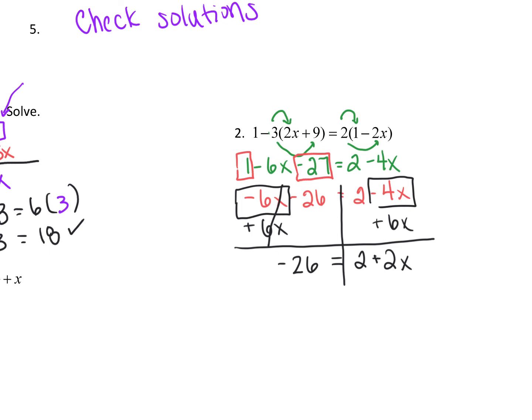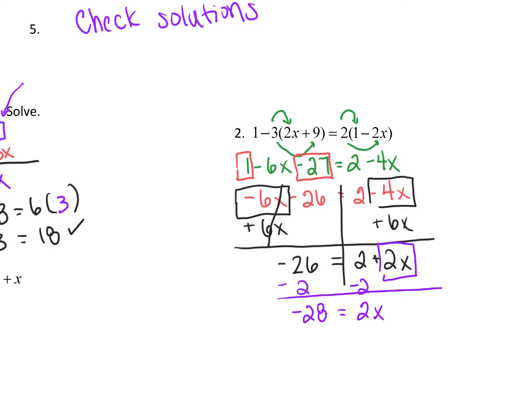Now, the next step, again, I need to keep adding and subtracting to undo each other. So here I'm going to isolate this variable 2x. To do that, I need to move everything away from it. So I'm going to undo the positive 2 here by subtracting 2 on both sides. When I do that, I get negative 28 equal to 2x.